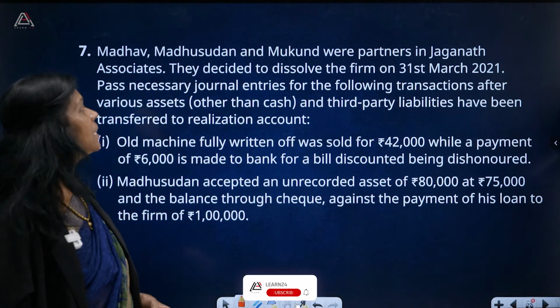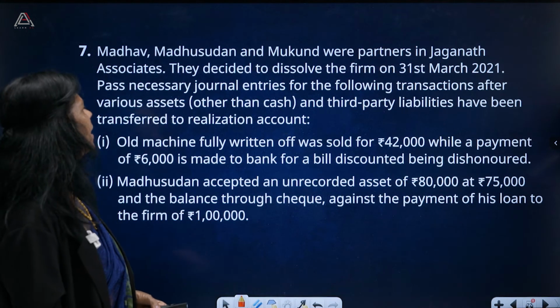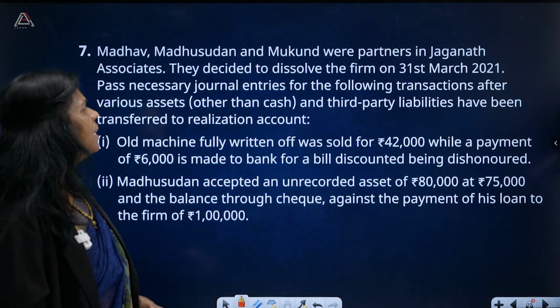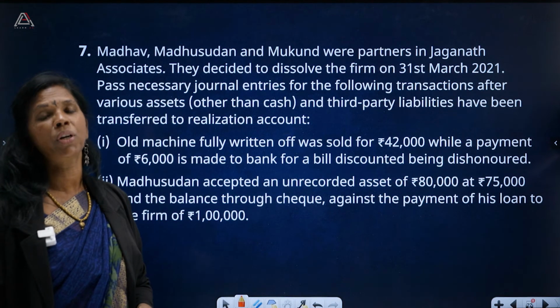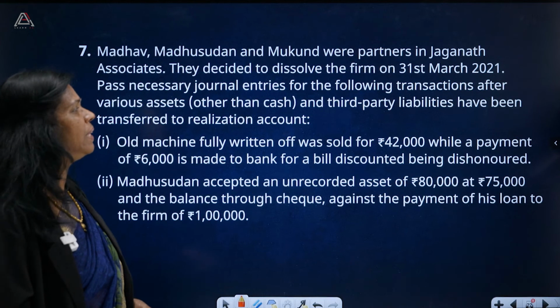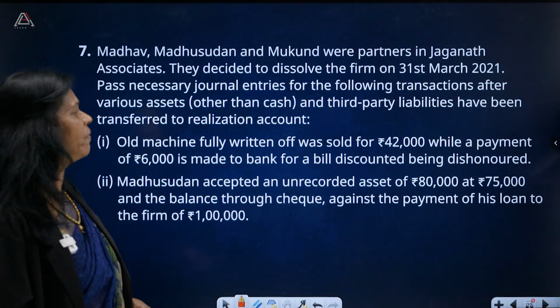Then Madhav, Madhusudan and Mukund were partners in Jagannath Associate. Who are the partners? Madhav, Madhusudan and Mukund were partners in Jagannath Associate. They decided to dissolve the firm on 31st March 2021. When did they decide to dissolve the firm? 31st March 2021.